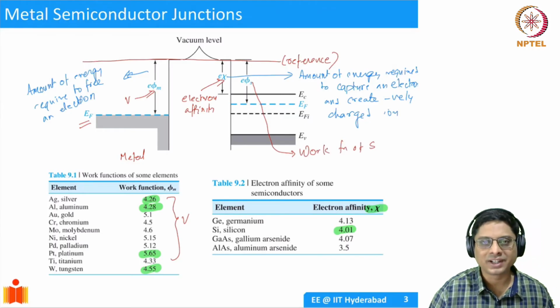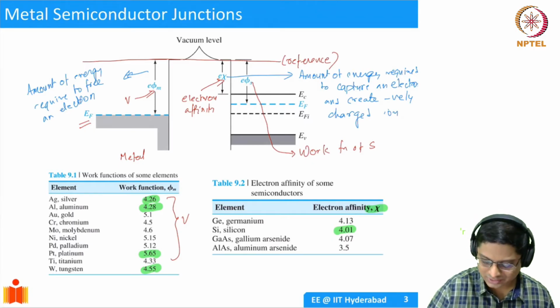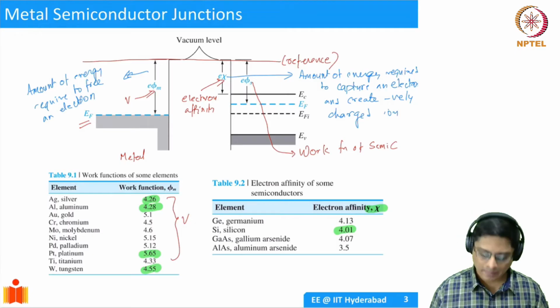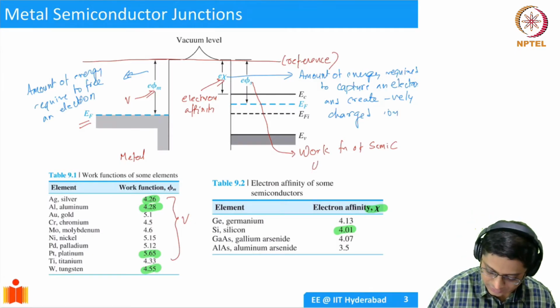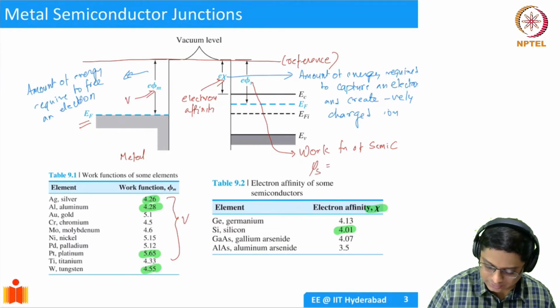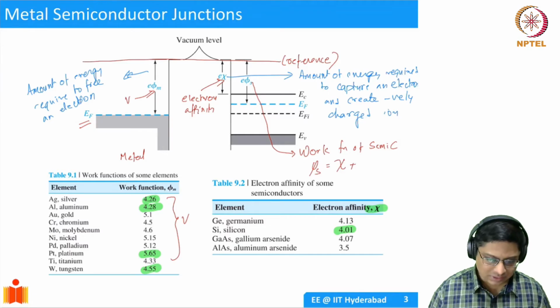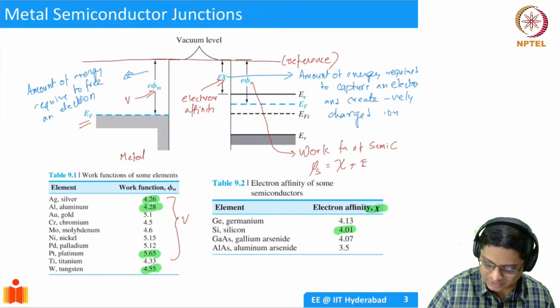I'll make semiconductor short form as S. So the work function of a semiconductor phi s is going to be the electron affinity plus the Fermi energy, right? The Fermi energy here is basically EC minus EF, whatever it is. You have to compute that.